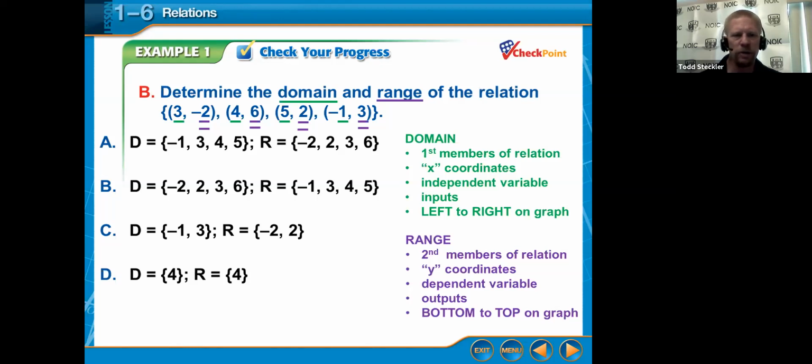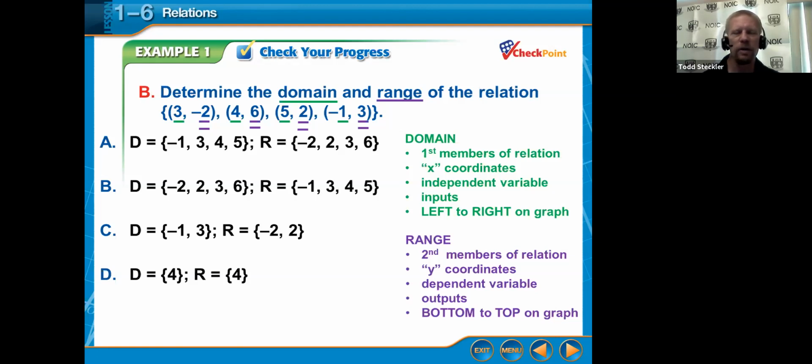Now, to get the correct answer, we said that the domain were the first members, or the x's, of a relation. Those numbers are in green: 3, 4, 5, -1, and that's correct. Usually when you write them in order, we go from least to greatest.